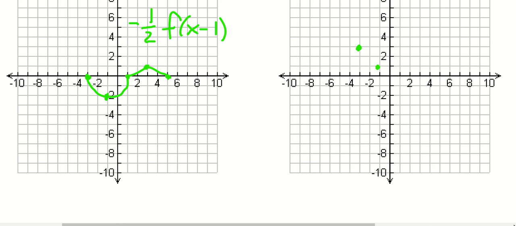The point at 1, 0 is now going to be at 1, 3. The point at 3, 1 is now going to be at 3, 4. And the point that was at 5, 0 is now going to go to 5, 3.